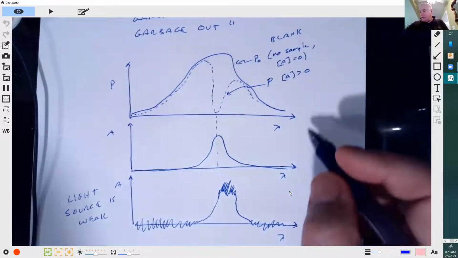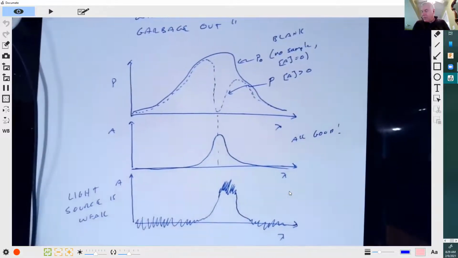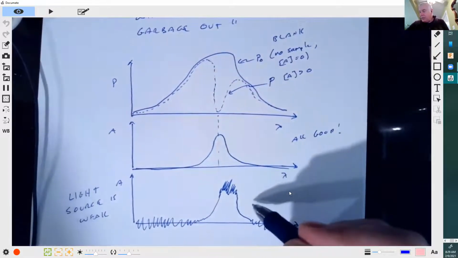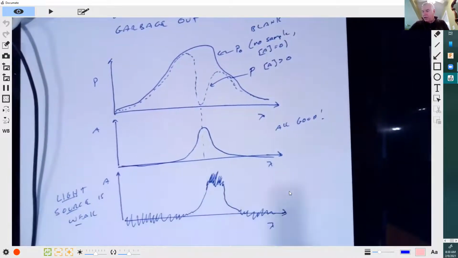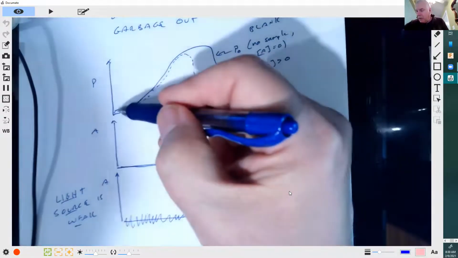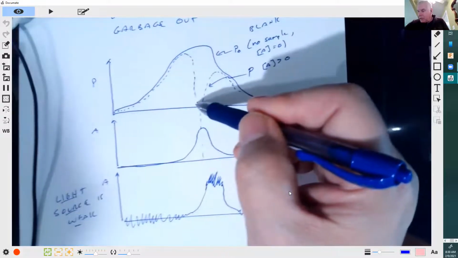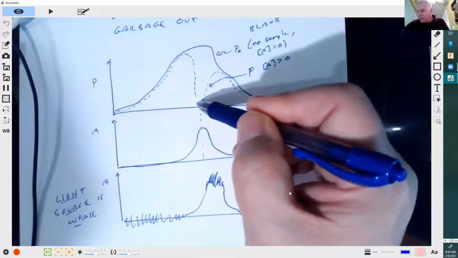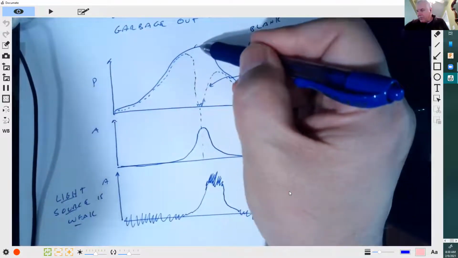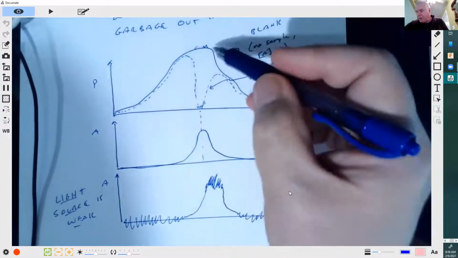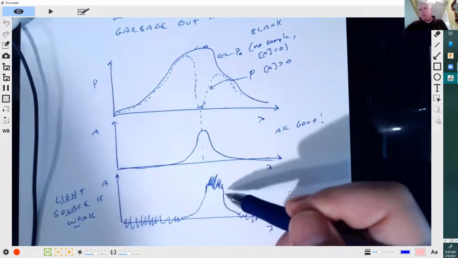Okay. So this is all good, but this could be if the light source is weak. So if there's a little bit of noise in P and P0, what will happen is that when you ratio these signals, that ratio will oscillate wildly.